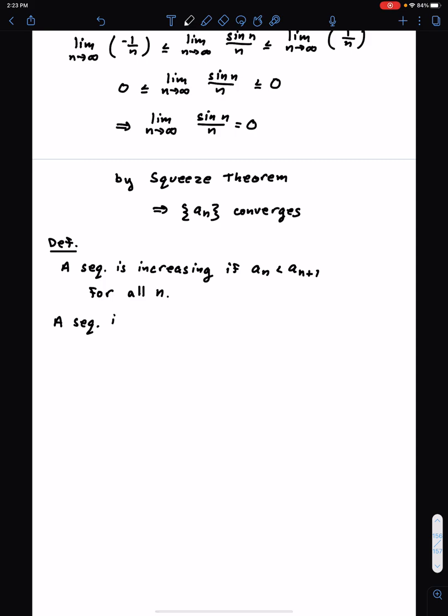A sequence is decreasing if a sub n is greater than a sub n plus 1 for all n.